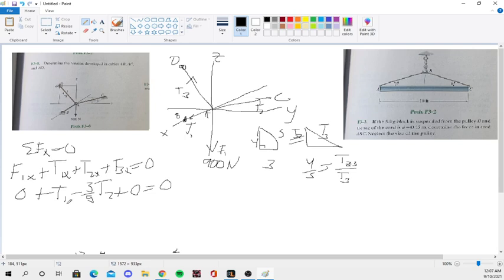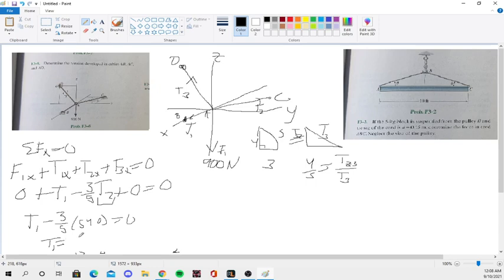So we have two variables here, so it's kind of hard to solve. However, we just found that T2 equals 540. So when we plug that in, it becomes a little easier. We plug in 540, and it equals 0. And then we solve this two-step equation.